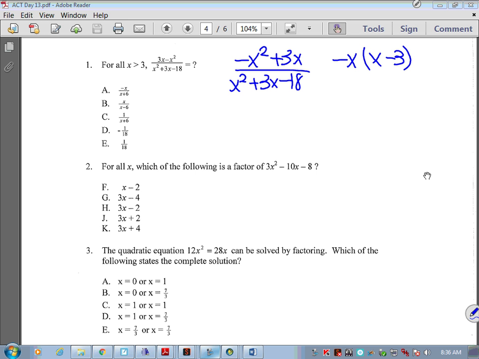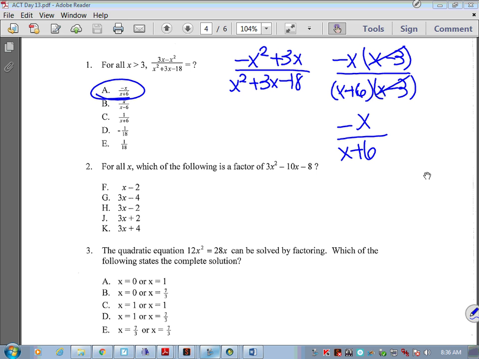Okay. And on the bottom, okay, we've got x and x. And what is that? Plus 6 minus 3. All right. What's going to happen with my x minus 3's? They're going to cancel out. And so I'm left with negative x over x plus 6.